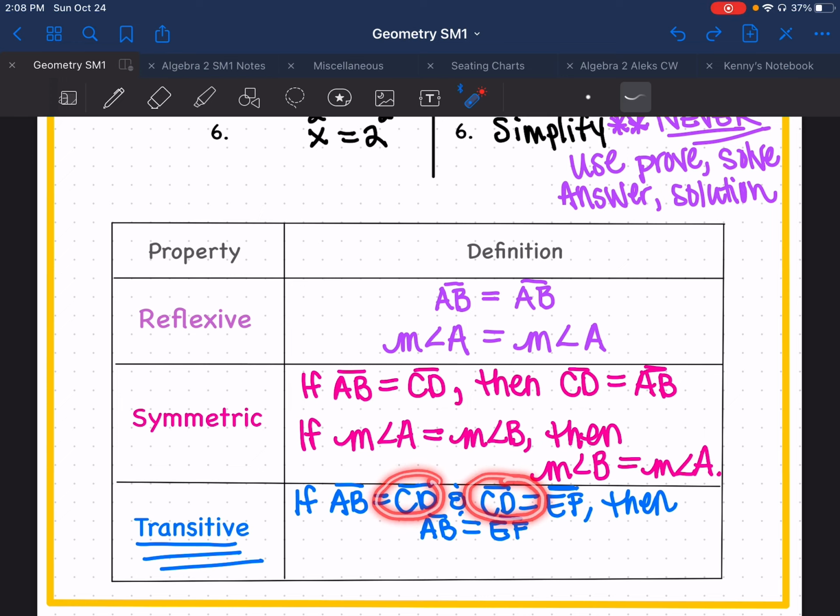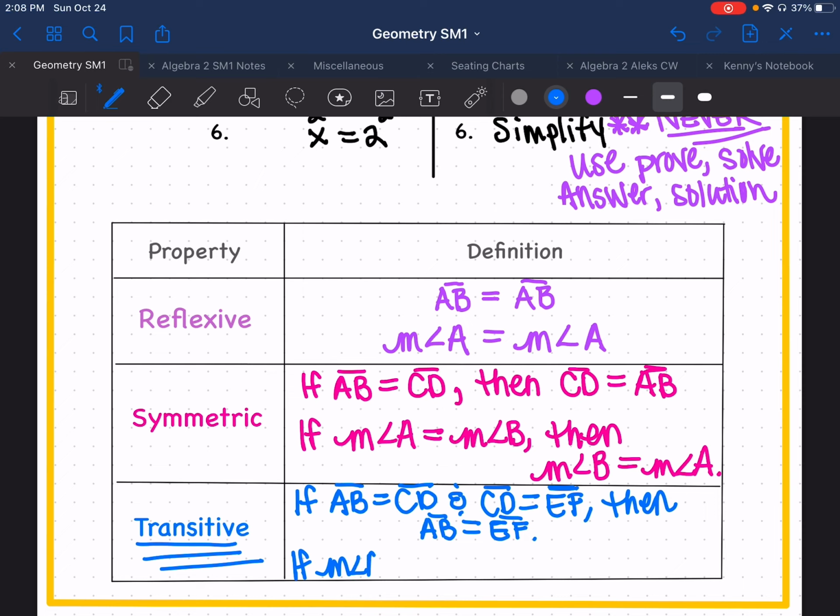So basically, I could take that out and say, well, if I am equal to CD and you are equal to CD, then we must be equal to each other. That's what the transitive property does. It works for angles as well.